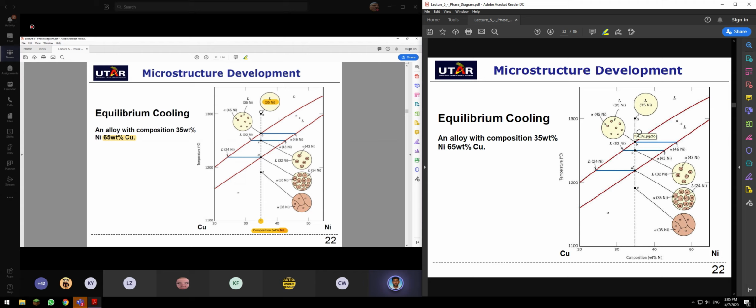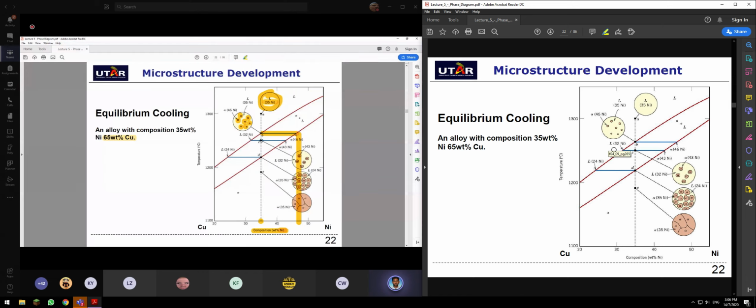At this point, the whole system, which is liquid, suddenly has a new grain, which is solid, alpha solid. And this solid has a weight percentage given by this line over here, which is 46. It is growing. And then I cool it further, reducing the temperature from 1280 to say 1250.